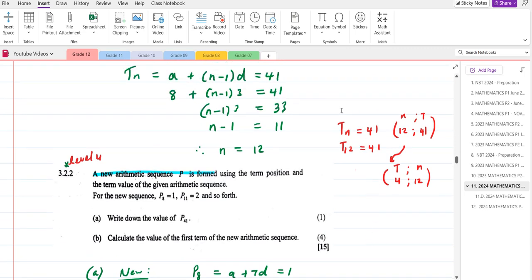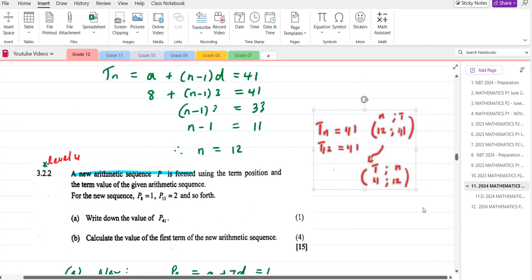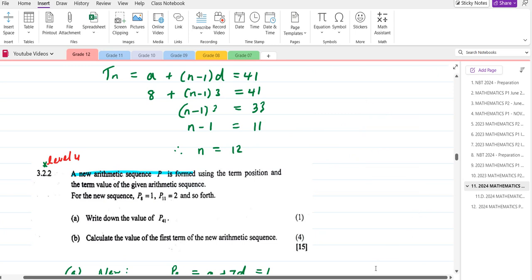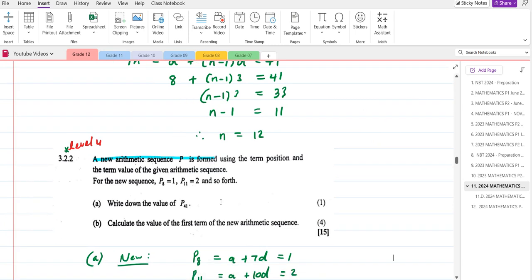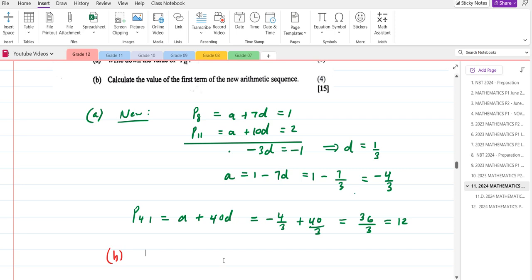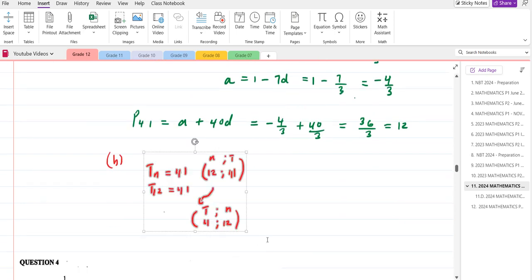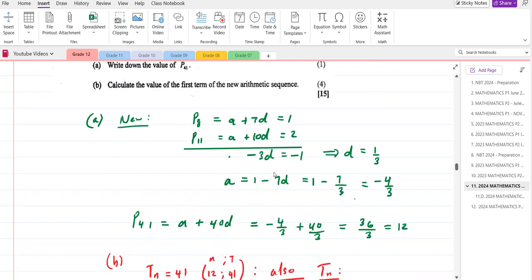So I have this idea, and also we know the old sequence was Tn. The old sequence Tn was what?